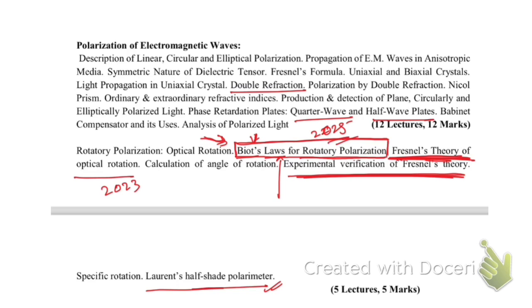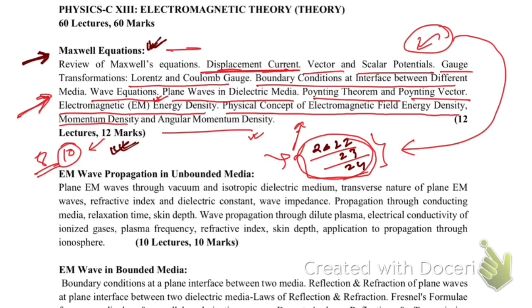So I would like to suggest that this unit, the polarization of electromagnetic wave, in the month of February, please complete this unit and this unit, Maxwell's equations. Two units you can at least complete in this month of February. It will be better.